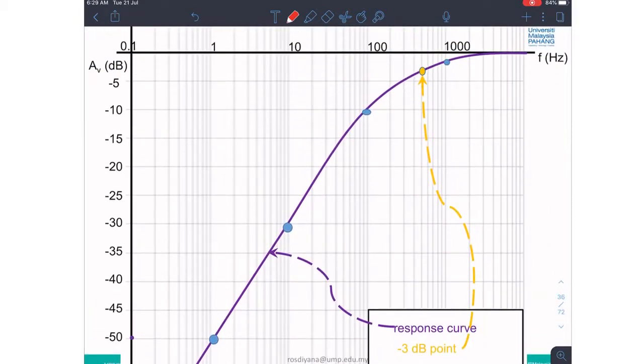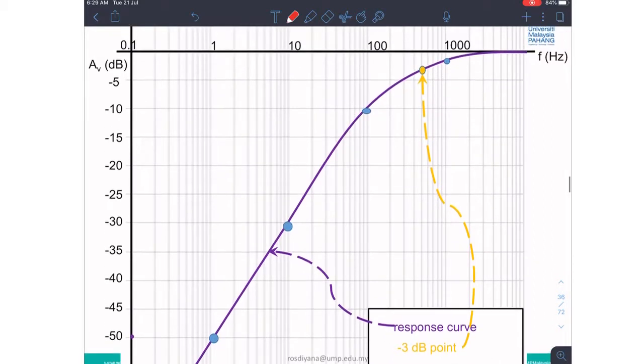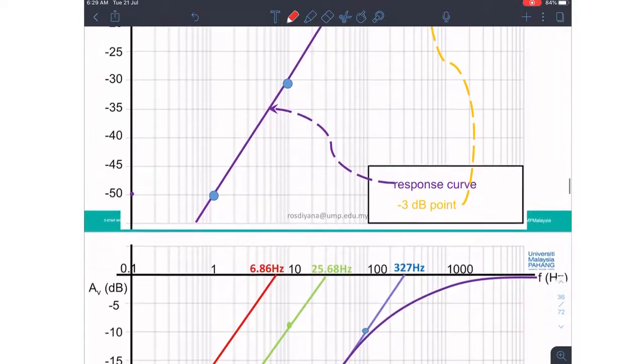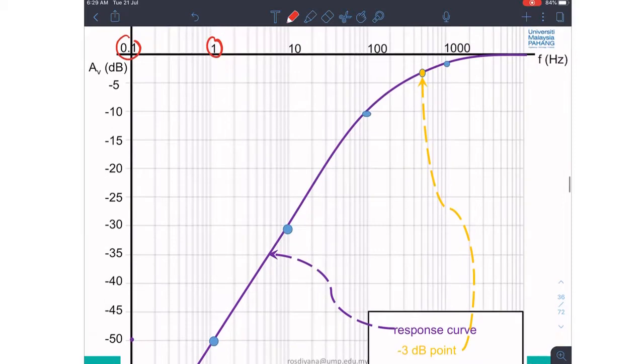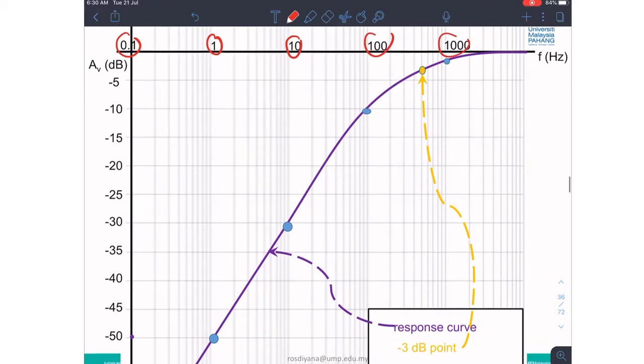So when I plot, for the frequency equal to 0.1, it is not enough for this curve. So 10, 100, and 1000. When frequency is 1, the value is around 50, and when frequency is 10, you get around negative 30 dB, and for 100 the gain is around negative 10, and 1000 is somewhere here.